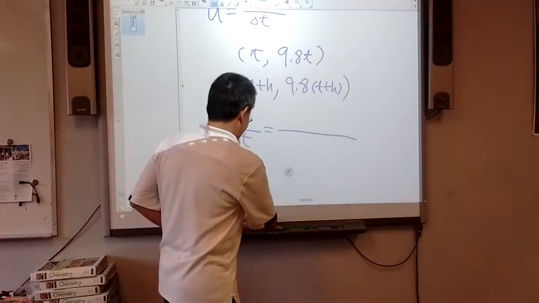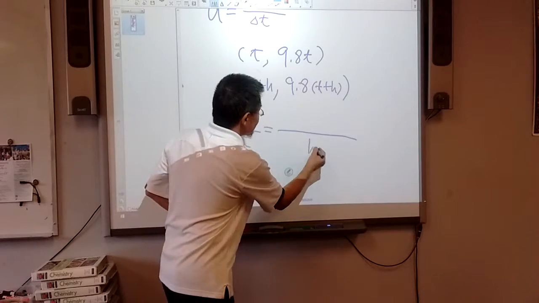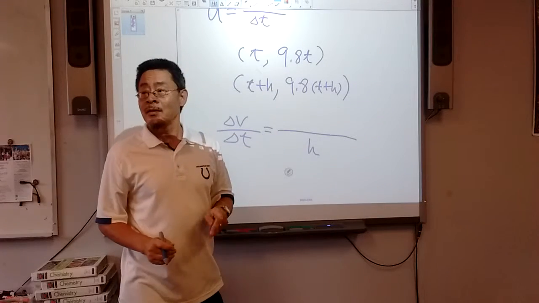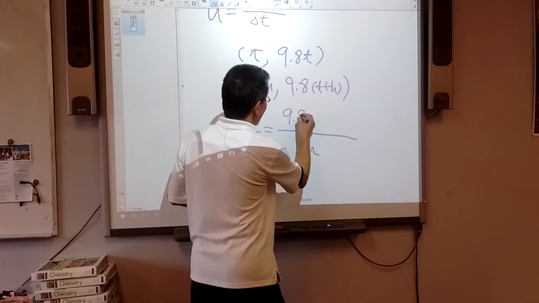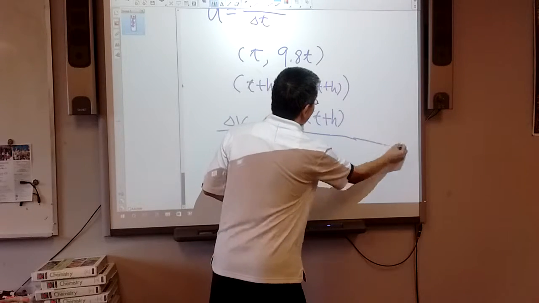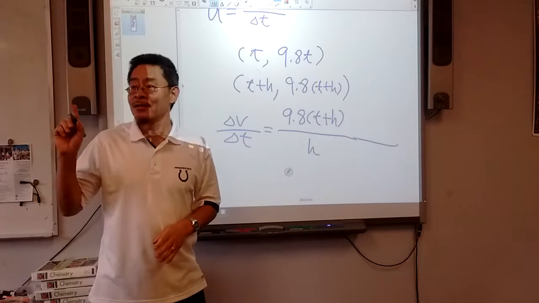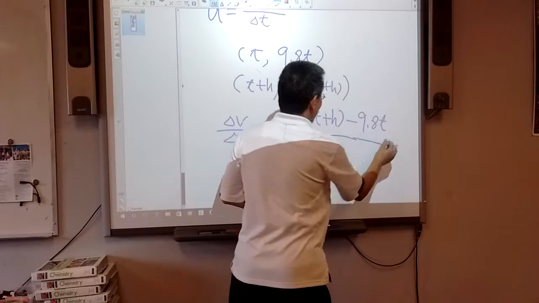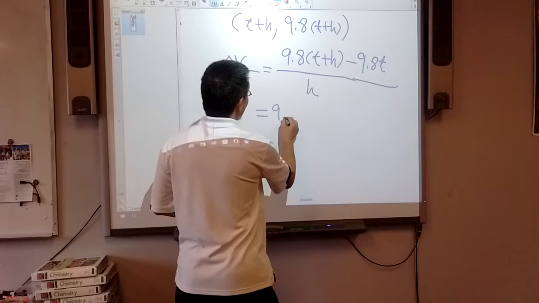Now, what do we have? But the bottom is h still, right? Time to time distance, right? Top, that was last. Top is what? 9.8 times t plus h. Are you guys with me? Still? Okay. Minus 9.8t. What do we have here? Move 9.8 out.